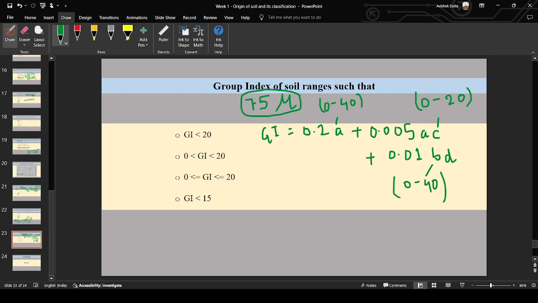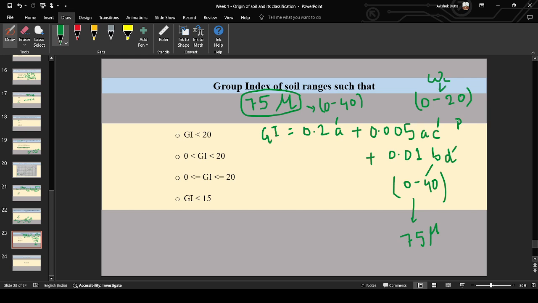And what is D? D is similar to C, but it is the plasticity index. It's not liquid limit, it is the plasticity index. This part is also related to the 75 micron passing. So C is the liquid limit and D is the plasticity index.